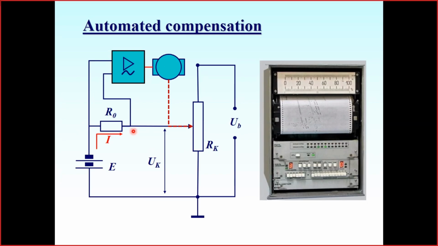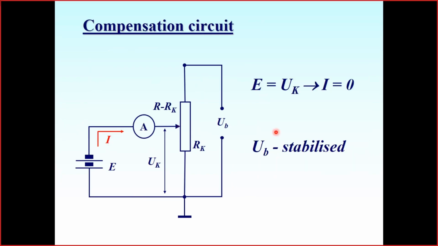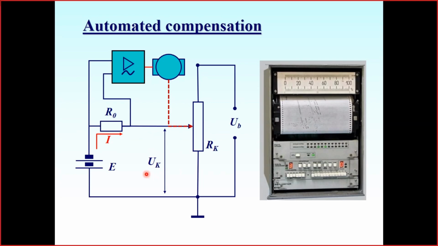So the electromotive force here, for the potentiometers, they are mainly different sources of voltages which do not provide a high current. So this source may be a transducer such as thermocouples.